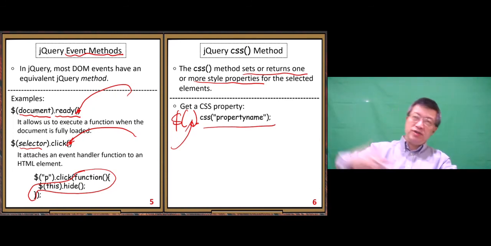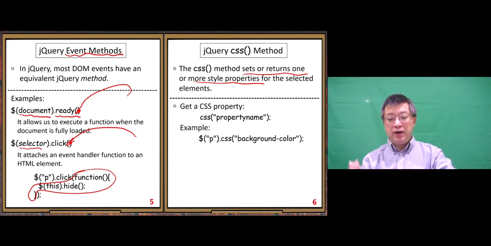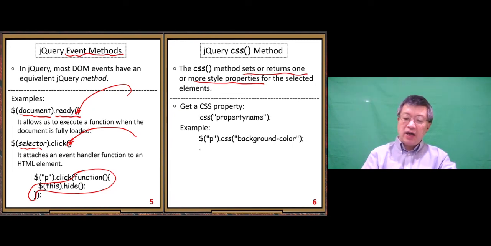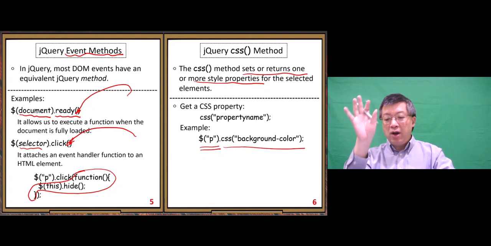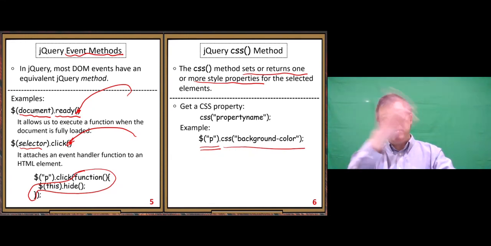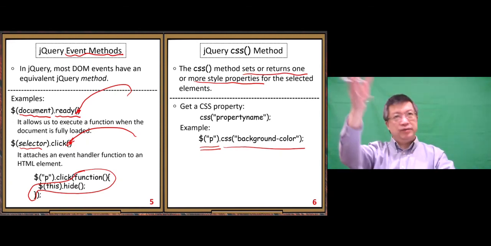It returns that property value. The example here: selector, after you select, then you want to get the background-color property value. Red, blue, whatever the value, you can retrieve.